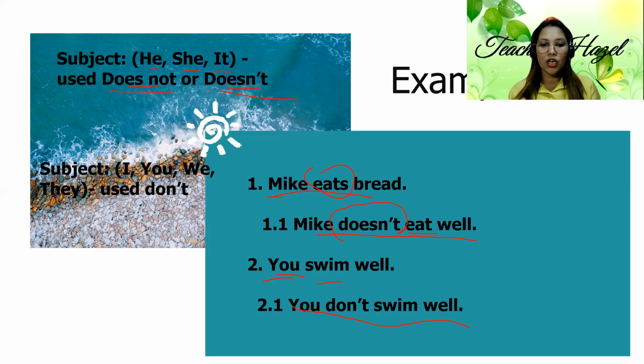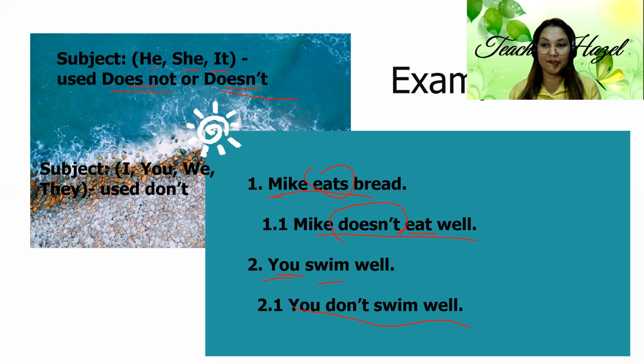Example number 2. You swim well. In this case, I don't need to put an S at the end of swim because the subject is you, right? So if you want to make this sentence negative, I use don't.